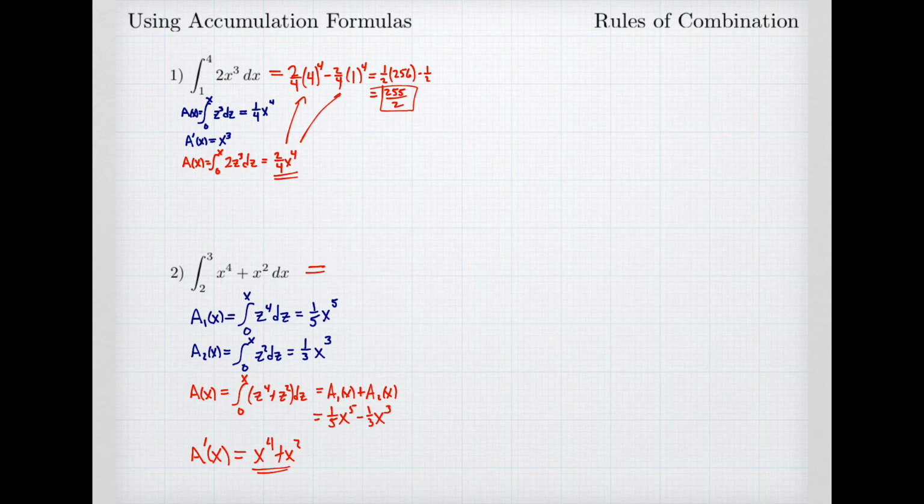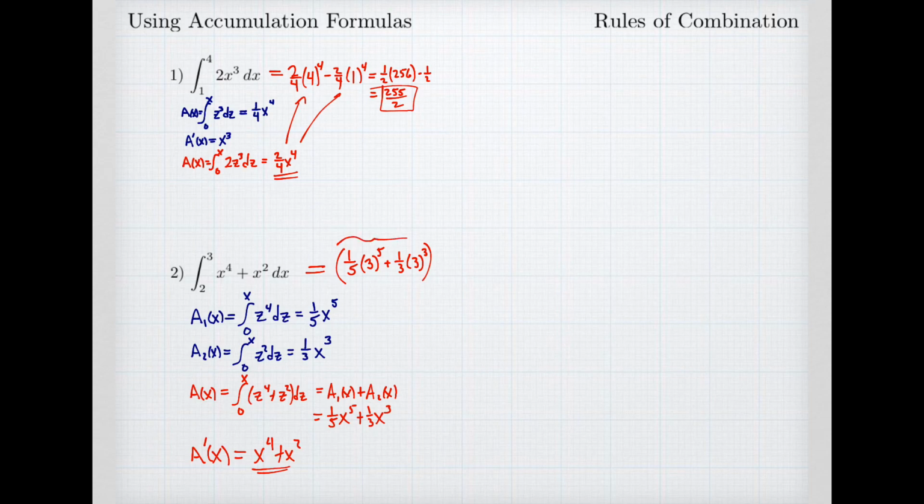I'm going to have first 1/5, the end point at 3 goes to the fifth, plus, and I wrote down a minus and I should have had plus, 1/3 same endpoint cubed.